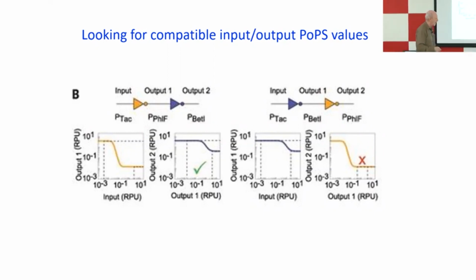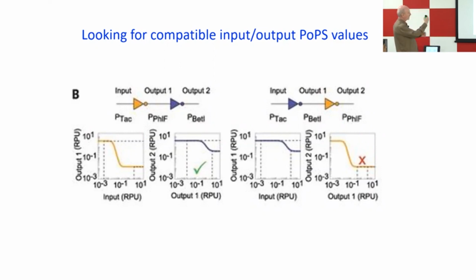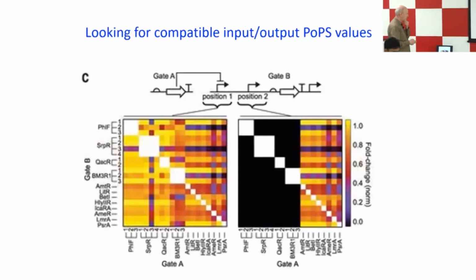So that means that you may create a large collection of inverters, but then you have to qualify each of them and secure that the different inverters, in terms of parameters associated to inputs and outputs, can talk to each other, because if not, they will not work. So what Chris Voigt made was an immense effort to make a large collection, like 20 repressors, and then make all possible combinations, and then at the end make a chart indicating which gates were compatible, where they were put upstream or downstream.